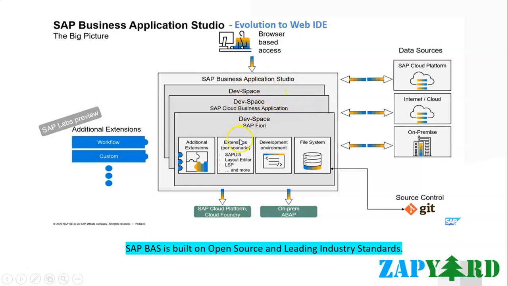Each dev space type contains tailored tools and pre-installed runtime for various target scenarios such as SAP Fiori or mobile development. And so we can say that dev spaces are at the heart of the SAP Business Application Studio.